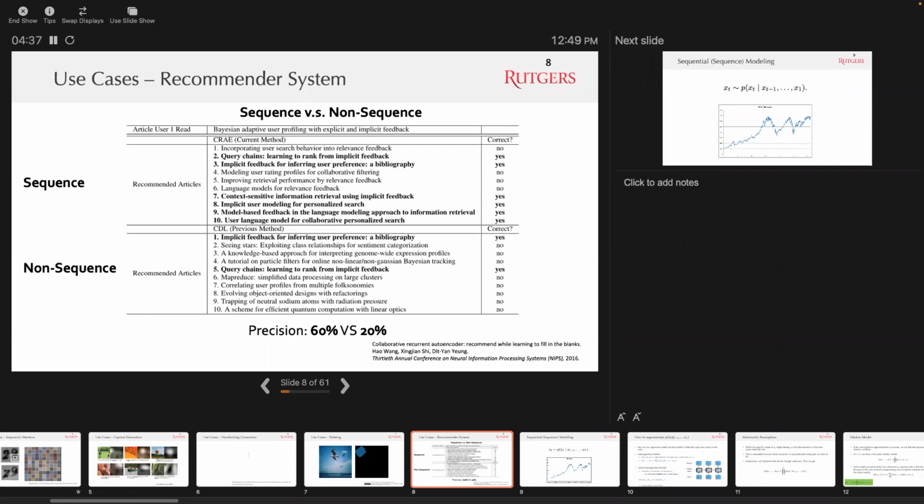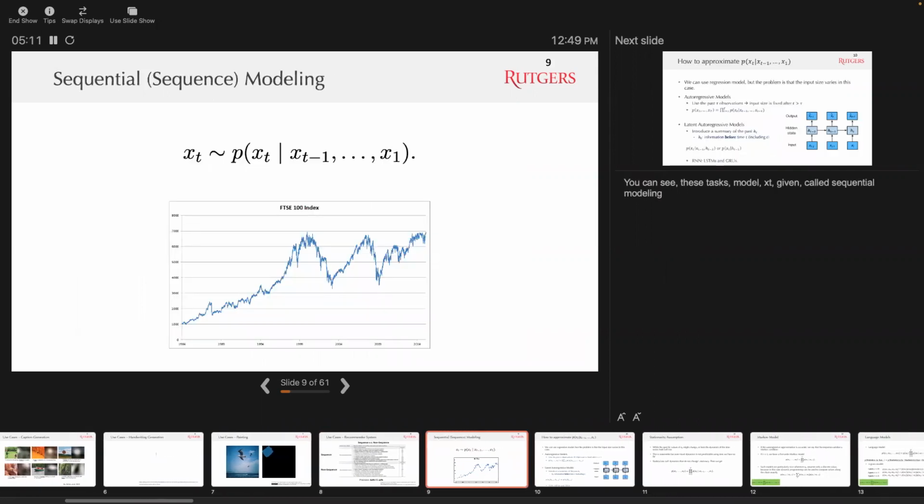So if you use a sequence model, it will do a better job modeling the context of each word and better understand the meaning of each article you want to recommend, and improve the performance, right? So here you can see that if you treat the article as a sequence versus if you treat the article as just a bag of words, the performance is actually very different. In this use case, it's like 60% versus 20% in terms of precision. Okay. So these are all these examples.